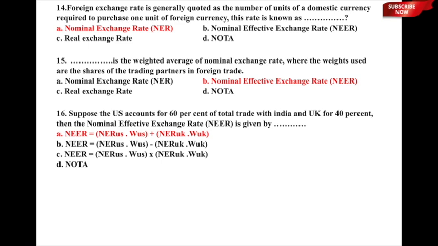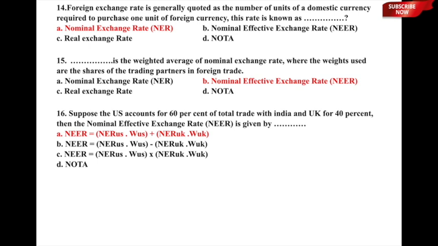I hope that is clear. Let us now move to the next one. Next question is, dash is the weighted average of nominal exchange rate, where the weights used are the share of trading partners in foreign trade. So, here this concept is the weighted average of nominal exchange rate and the weights used are the shares of trading partners in foreign trade.